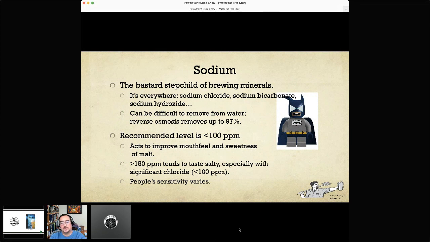And so 100 ppm, it's a guideline. If you go over 150, the beer can start taking on a little bit of a salty character, although people's sensitivity varies.